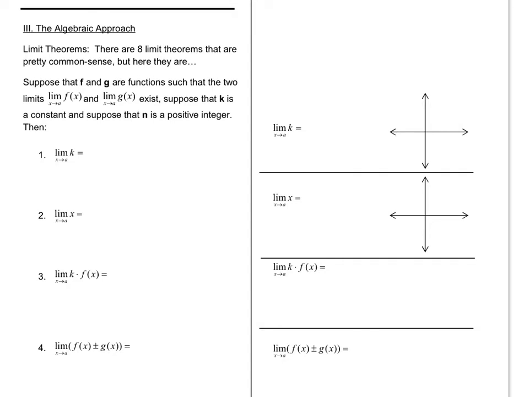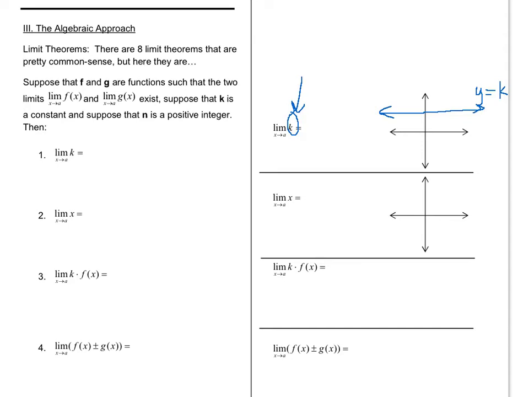It says the limit as x approaches a of k equals what? Again, k is a constant. Well, let's go over here and take a look at graphically what that means. If I draw a constant, pretend that that's a horizontal line for me, this is going to be y equals k. And remember that this piece right here is the argument of the limit, and this is the y value, or the function.